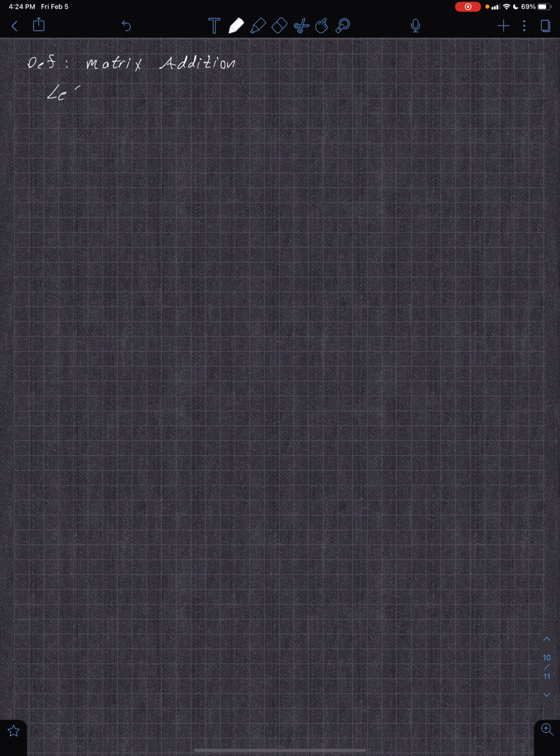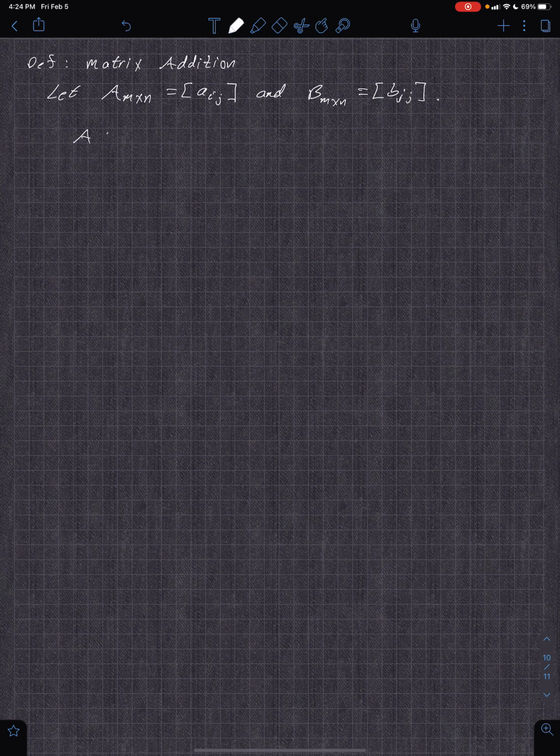So we let A, m by n, equal A sub ij, and B, which notice that I have to say it's m by n, has to be the same size. Otherwise, it won't make any sense. You don't add different size matrices.